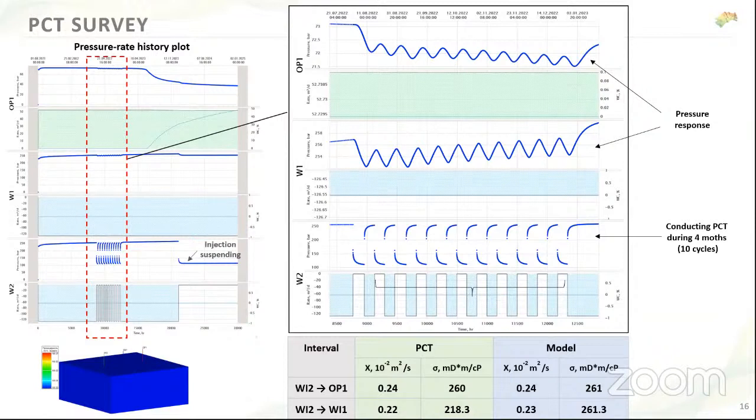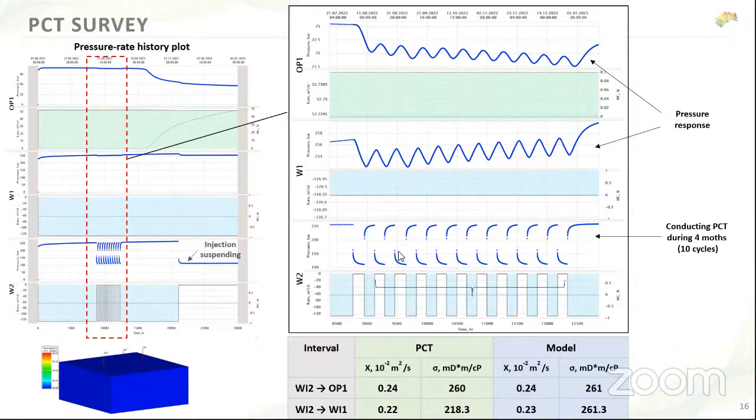Okay, I see. And what about using the producing well as a generator? Yes, it's possible. I think about 25% of the tests we have done were done with the producing well as a generator well, because the pressure disturbance may be created not only by opening and shutting the injection wells, it could be done by choking up and down the producers.